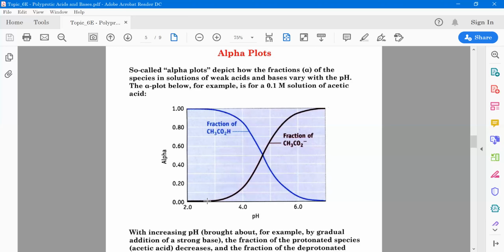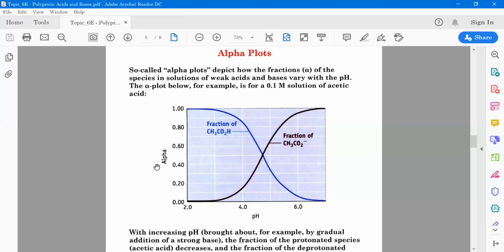As I increase the pH by gradually adding a strong base like sodium hydroxide, what you will see is that more and more of the acetic acid is dissociated, and the acetate ion that comes from it, its concentration, is going up.